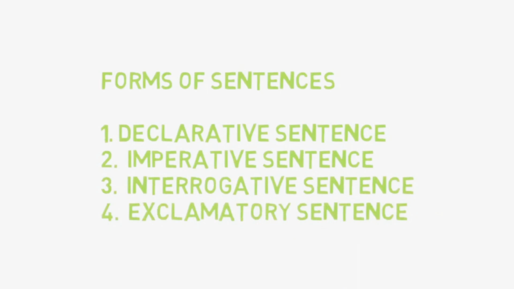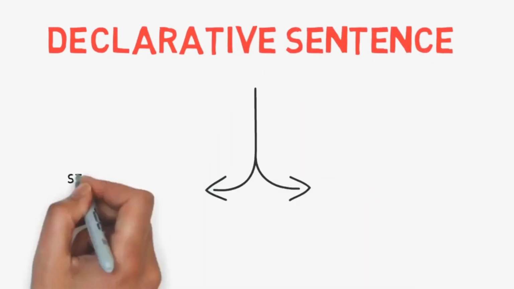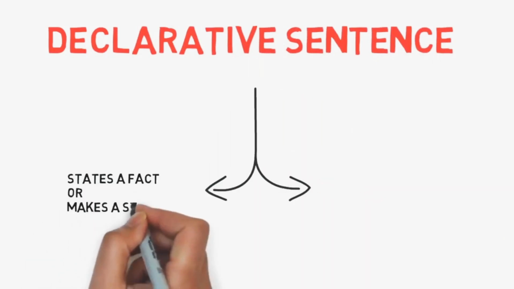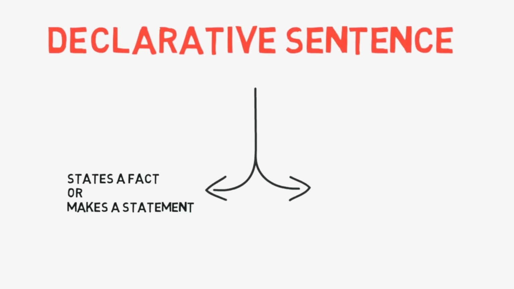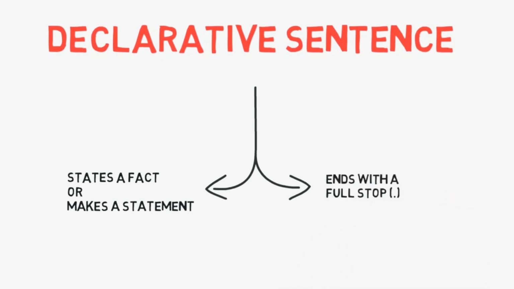Let's understand in detail. A declarative sentence states a fact or makes a statement. Remember, we have done that a sentence ends with any of 3 punctuation marks: full stop, exclamation sign or a question mark. And a declarative sentence ends with a full stop.